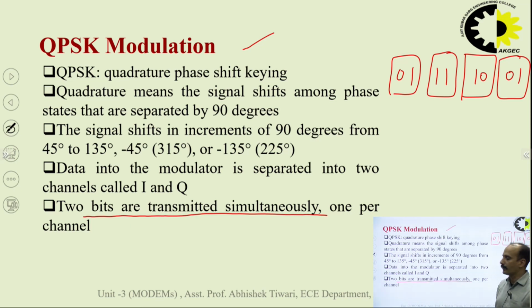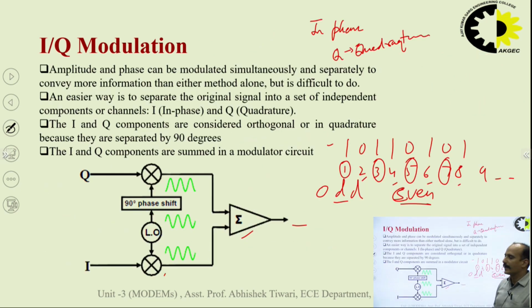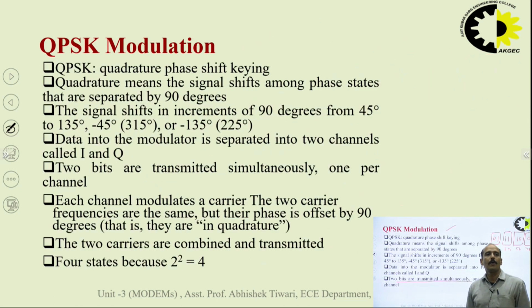You can see that these are 1 2 3 4 5 6 7 8 bits. Again doing the same practice as shown here, we are changing the phase, one for quadrature and one for in phase, and using the same odd sequence and even sequence to modulate the system.